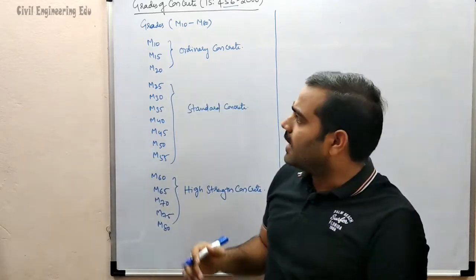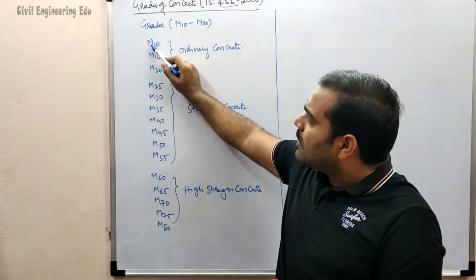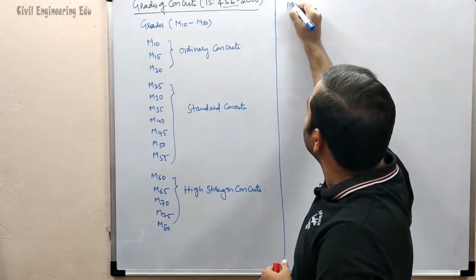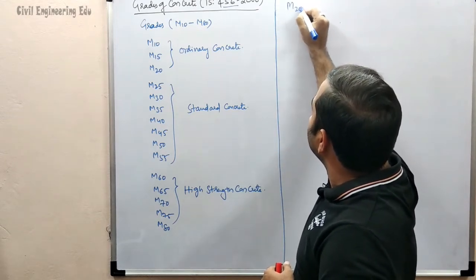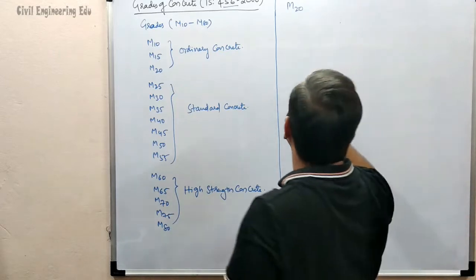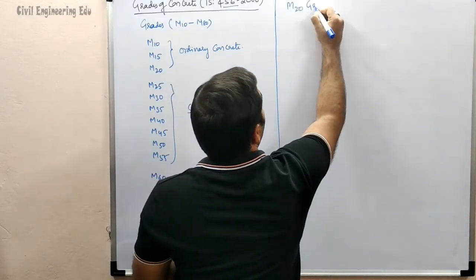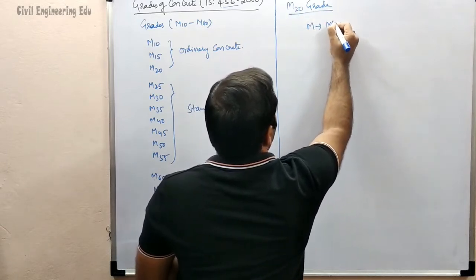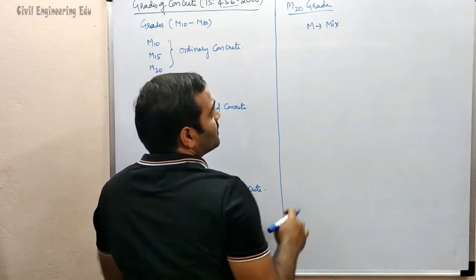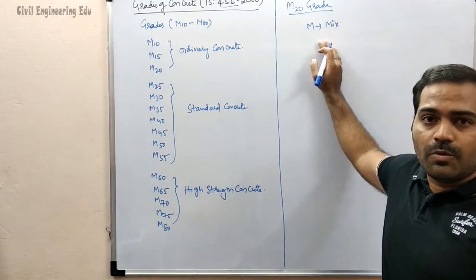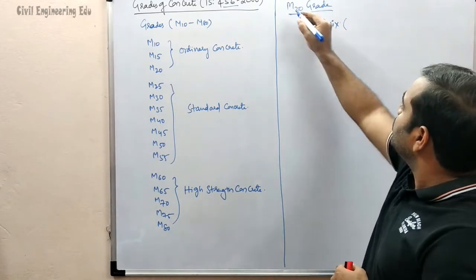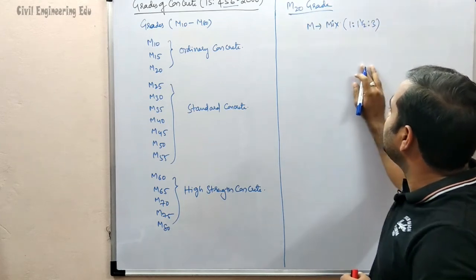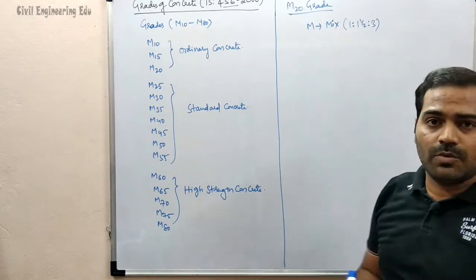Now let us understand what is M and what is 15. So here, for example, if I take M20 grade, here let us see what is M. For M20 grade, M is nothing but mix. So mix in the sense the proper proportions. Like for M20 grade it is 1:1.5:3. So these are the mix proportions.